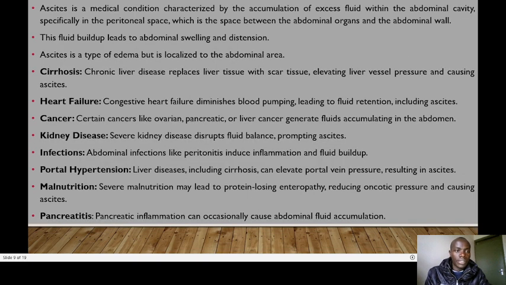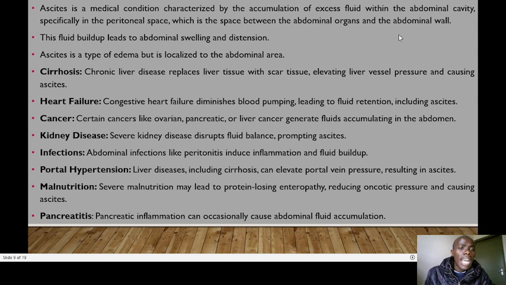So we also have another key term that needs to be made clear, and that is ascites. This is a medical condition that is characterized by accumulation of excess fluid within the abdominal cavity, specifically the peritoneal space, which is the space between the abdominal organs and the abdominal wall.